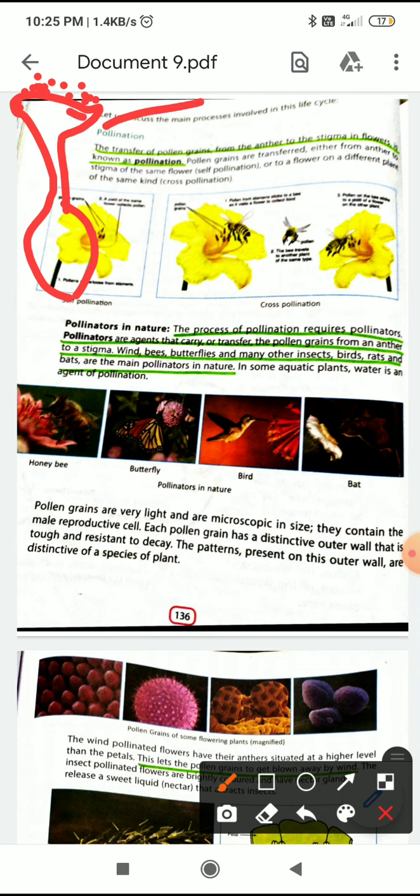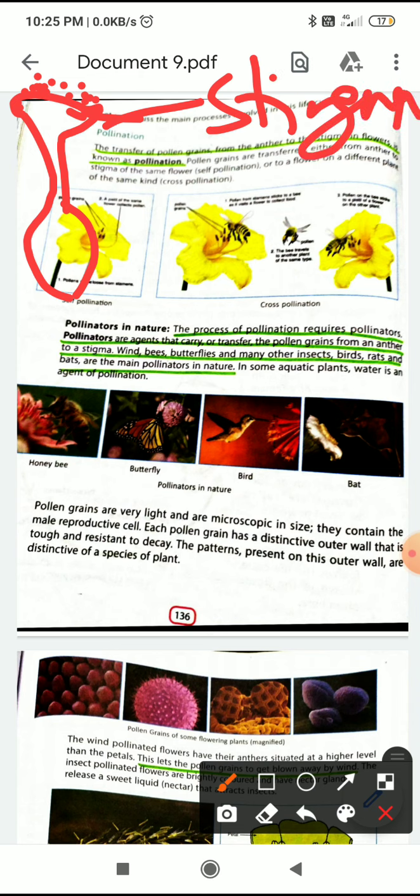This is the stigma, and here is the ovule. So the pollen germinates here.